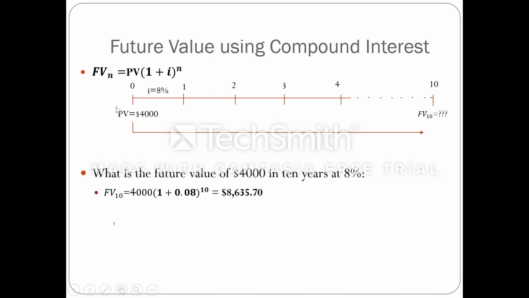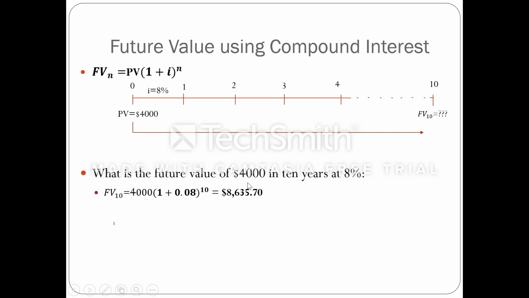So let's see an example. Say you have a present value of 4,000, if someone has given you 4,000 and the bank is giving you an interest rate of 8%, what would be the future value of this 4,000 by the end of the 10th period? Here we are taking the period as years, and the formula is the same which we discussed in the previous slide.